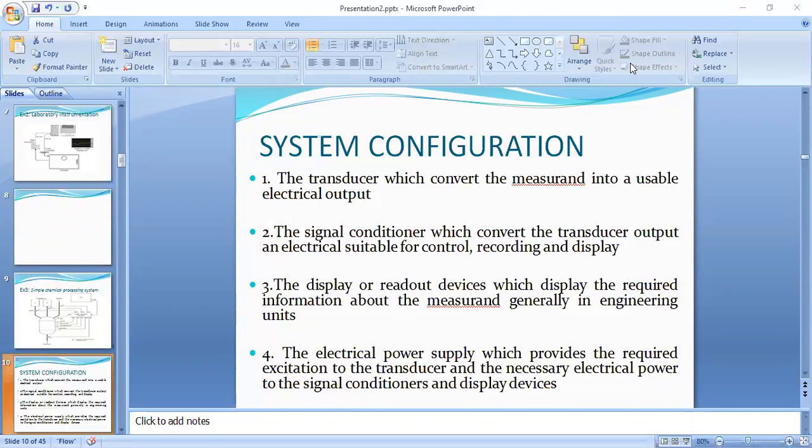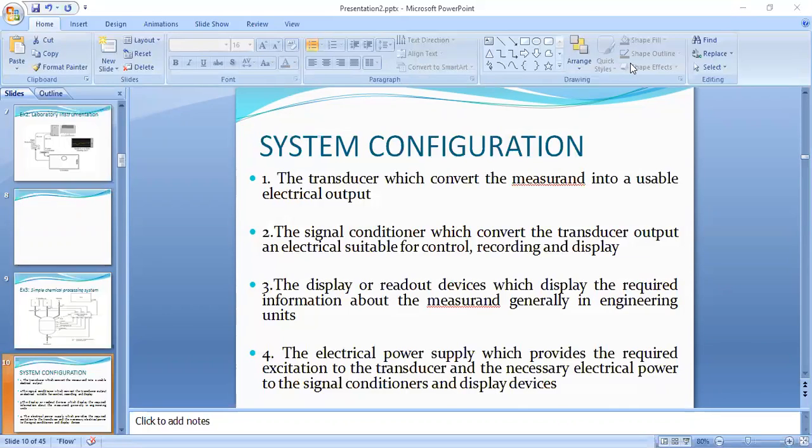It provides a usable output in response to a specific input measurement, which may be a physical or mechanical quantity, property, or condition. So the transducer converts the measurement into a usable electrical output.